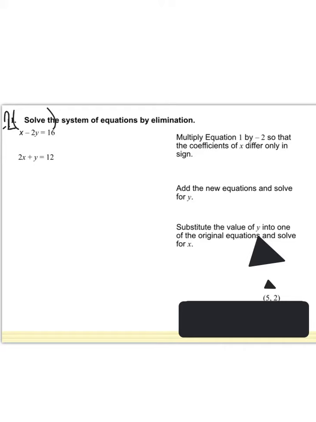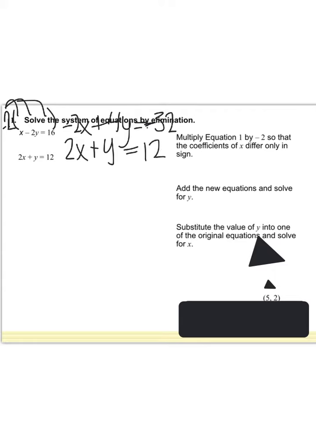Now I'm going to distribute, and I'll get -2x plus 4y equals -32. Okay, my second equation stays the same. And now, step 2 says add the new equations.